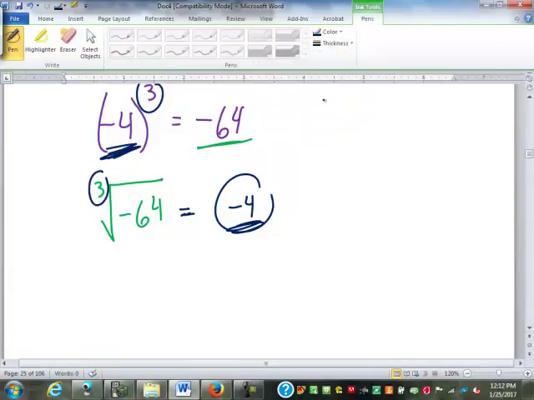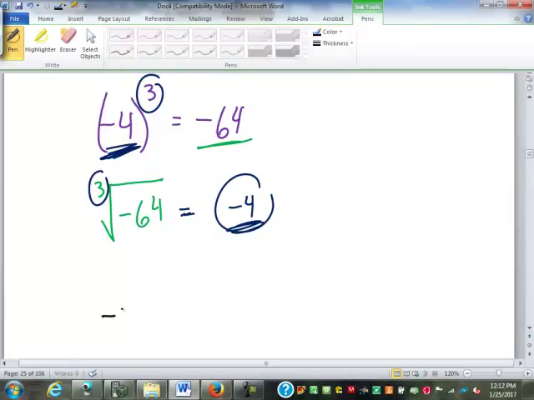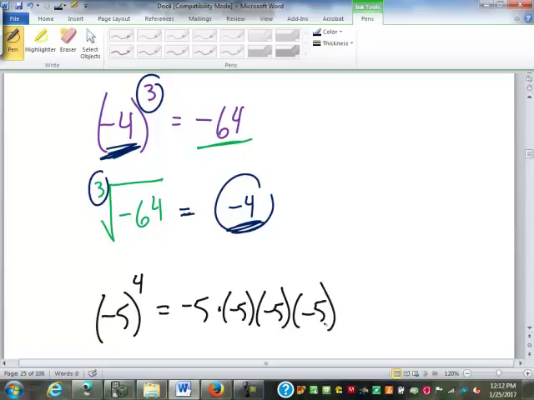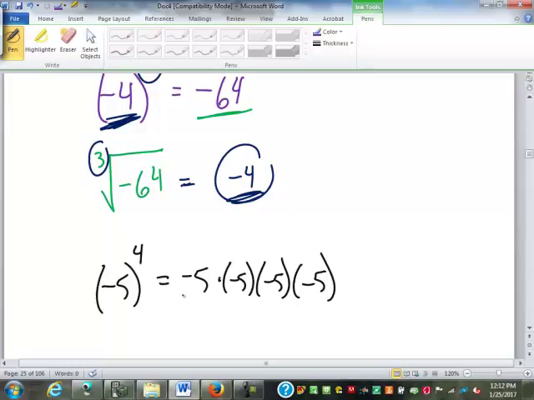Let's look at a fourth power. Let's say I have negative 5 to the fourth power, which would be negative 5 times negative 5 times negative 5 times negative 5. If I work that out by hand, negative 5 times negative 5 gives me what? 25. Good. Now I take that 25 times the next negative 5, positive or negative?